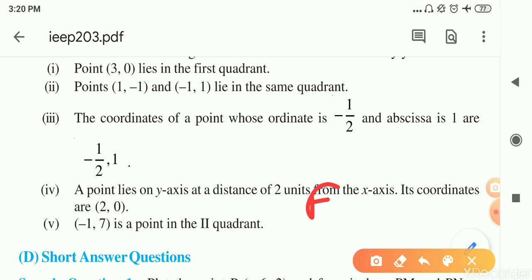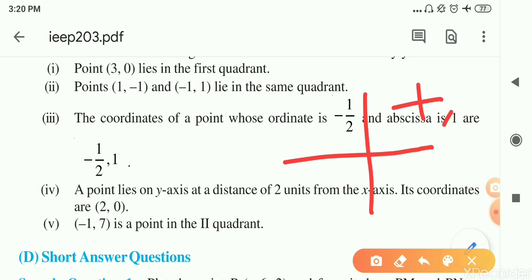Got it? The next part of this question, the last part of this exercise, is: the point (-1, 7) is a point in the second quadrant. As I told you, let me write again. The sign of the first quadrant is plus plus, the second quadrant is minus plus, the third quadrant is minus minus, and the fourth quadrant is plus minus.